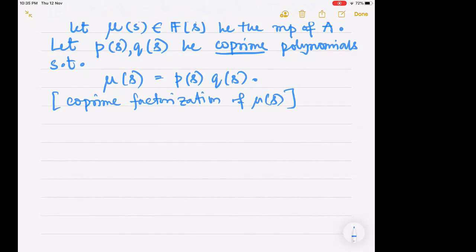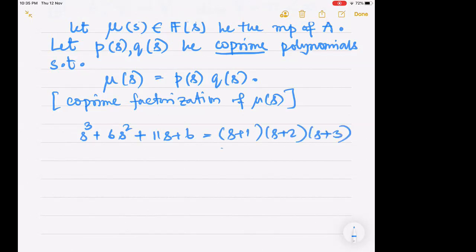For example, mu(s) could be s cubed plus, my favorite polynomial, 6 s squared plus 11s plus 6. In that case, I can factorize this as (s plus 1)(s plus 2)(s plus 3). These are co-prime factors. So you can say my P is this much and my Q is this much. See, they don't share any common factors, so their GCD is indeed 1. This is what I mean when I say it's a co-prime factorization.